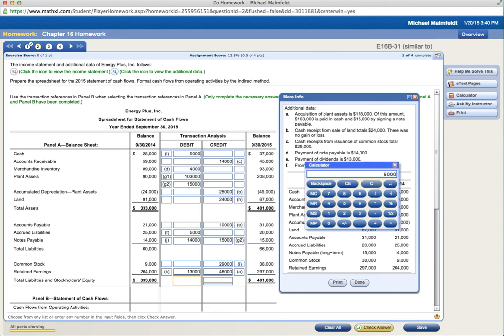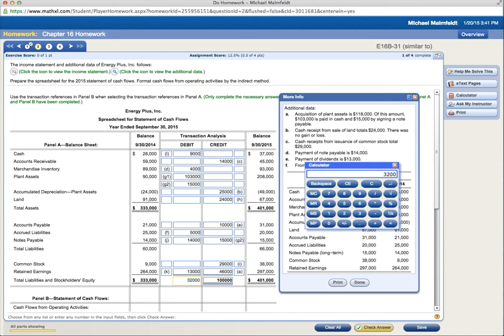We start with 5,000 plus 14,000 plus 13,000 equals 32,000. And then we have 10,000 plus 15,000 plus 29,000 plus 46,000 equals 100,000. So if we start with 333,000, which is right here, we add 32,000 to that.